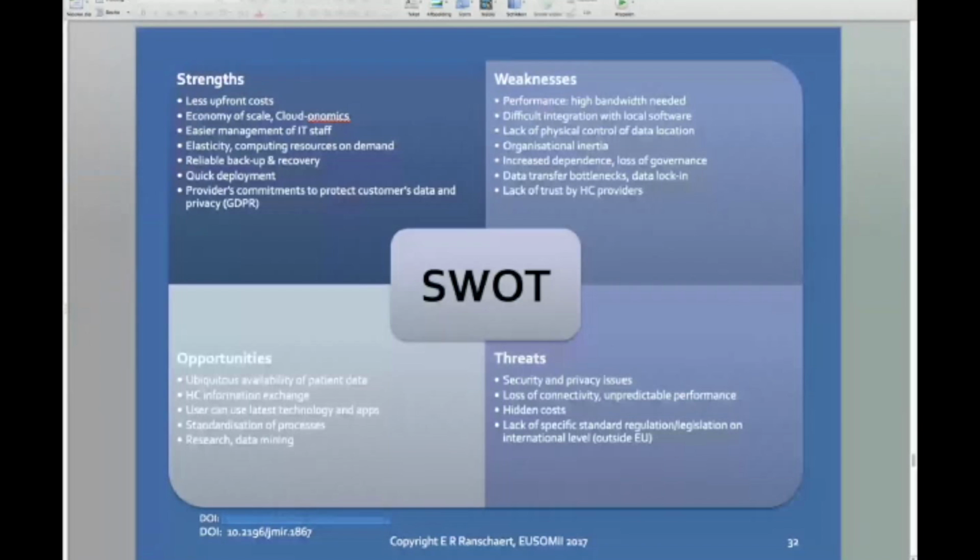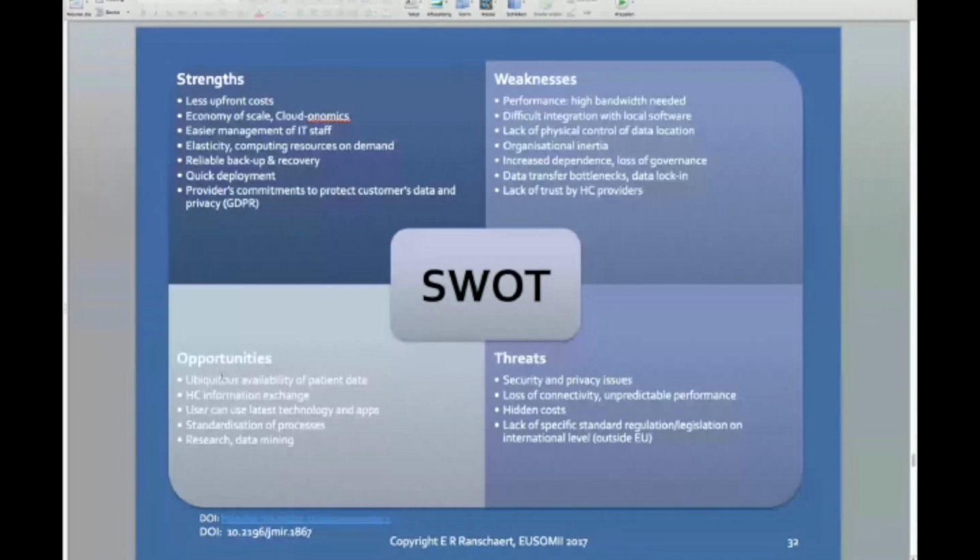The threats: maybe there are still security and privacy concerns, there can be loss of connectivity, the performance may be unpredictable, there might be hidden costs, and there might be a lack of specific legislation or regulation. We still have to see about this.